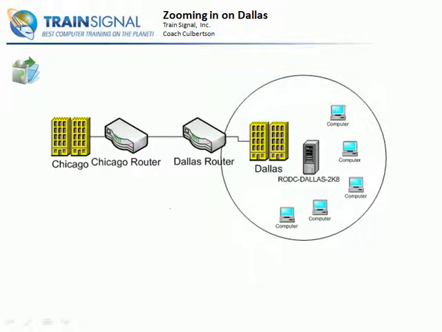If we were to zoom in on Dallas, this is what it would really look like. Now we have this Chicago site, right? Well, in Chicago, you're going to have a router. You're going to have a router also in Dallas. Now, in the Dallas site, we have this RODC, Dallas-2K8, and users can use these computers to log in to the na.globalmatics.com domain quickly and easily and have a good experience doing so as well.